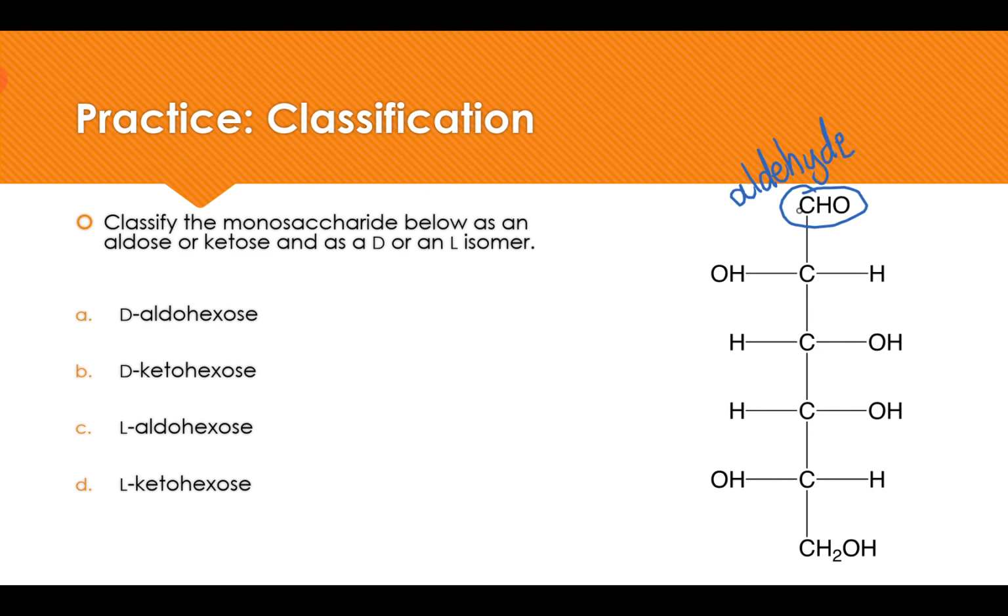Now we have 1, 2, 3, 4, 5, 6. So it's an aldohexose. So let's cross out the ones that are not aldohexoses. And then we have to decide whether it's D or L. And so then we look at this location. That's on my left. And so this is an L aldohexose.